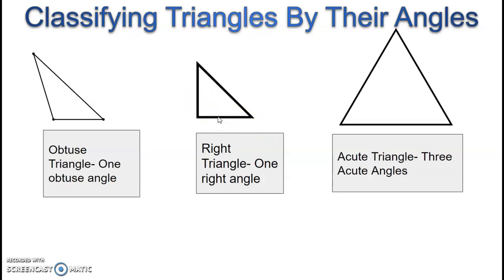And again, a right angle is 90 degrees. So if it has one 90-degree angle, that classifies it as a right triangle. And an acute triangle is a little bit different from an obtuse and right in the way that it needs all three angles to be acute in order to be an acute triangle.